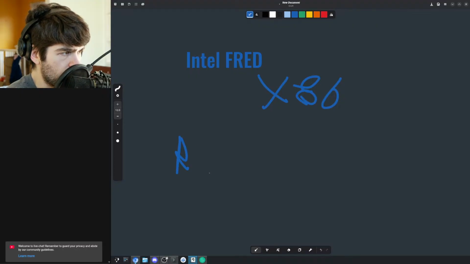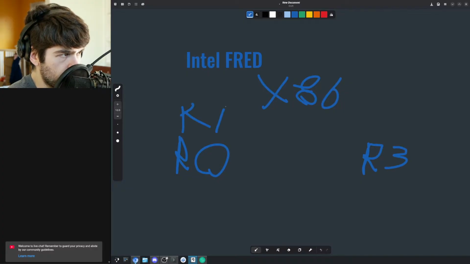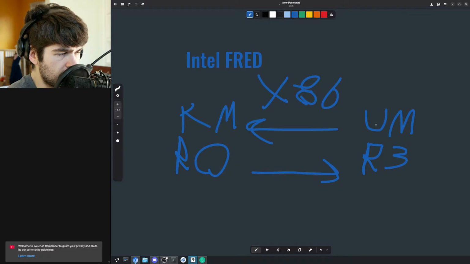So whenever you want to go from ring 0 to ring 3, so kernel mode to user mode, you need to call specific commands.